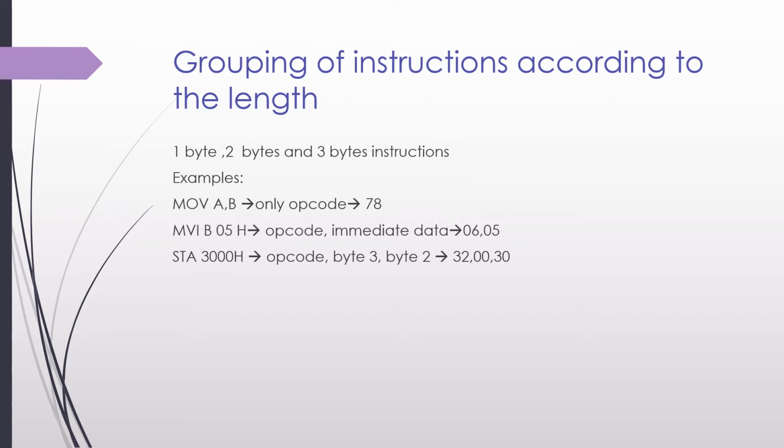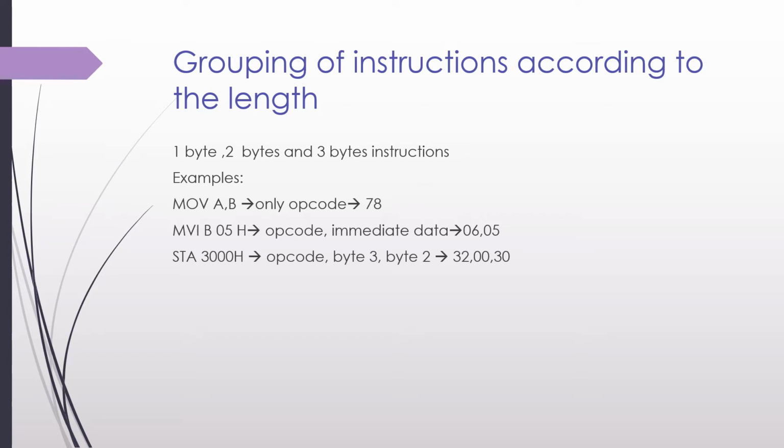That I am going to send this 32 first, and then 00 and then 30. What is 32? 32 is the opcode for STA, that is operation code for STA, and out of this 3000, 00 is the lower byte and 30 is the higher byte.